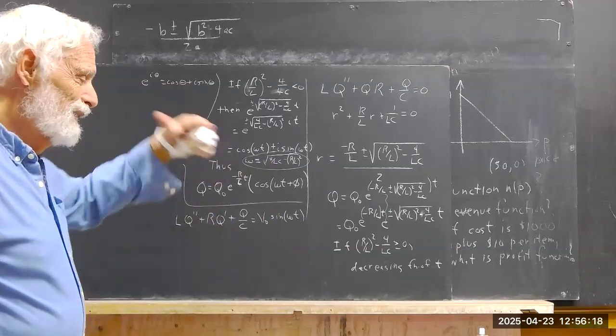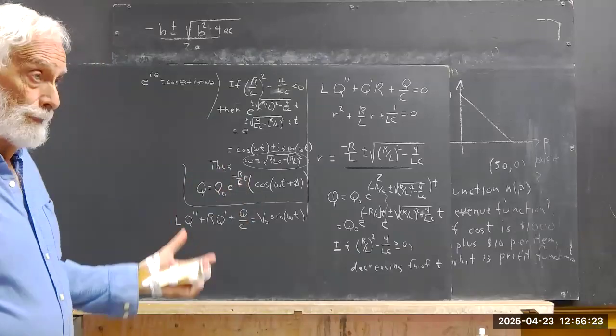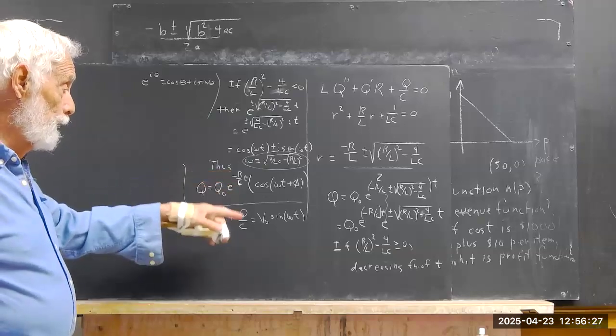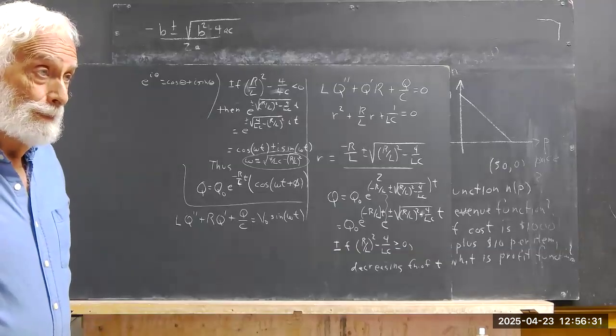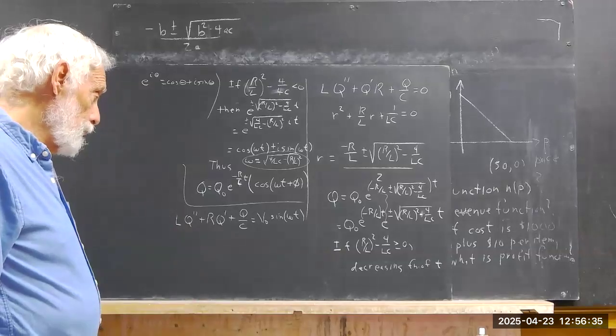You're going to have a resistance that kind of tends to mess that up a little bit, because your R is much greater than your L, so this decreasing exponential kind of takes over. And that's a disadvantage.